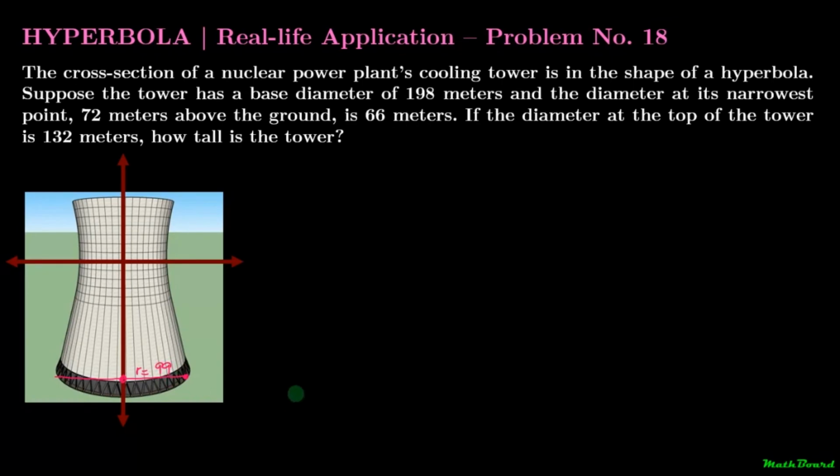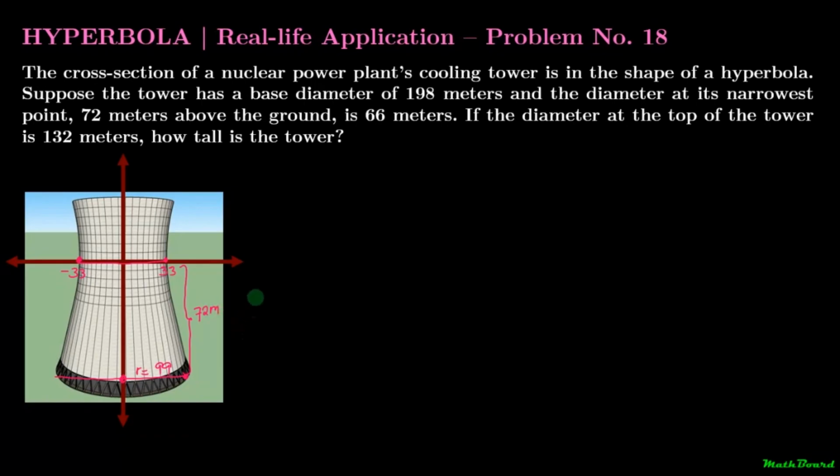Sabi dito, yung narrowest point daw ay 66 meters. Ito yung narrowest point, yun yung ating transverse axis. So, 66 divided by 2, that's 33. So, ito, negative 33. Ang height niya daw mula sa ground ay 72 meters.